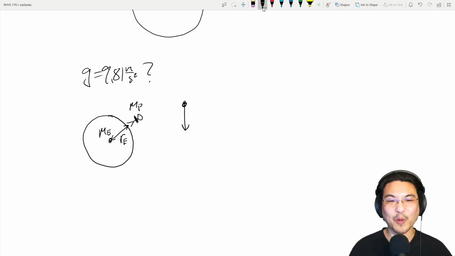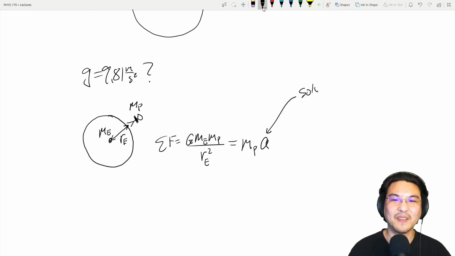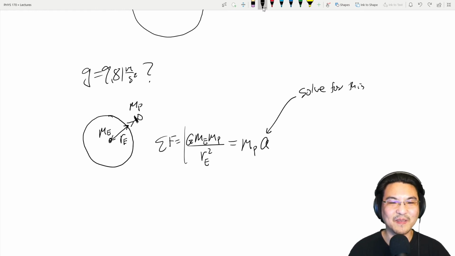Here's you, and here's the one force, gravity, which is G, mass of the Earth, mass of the person, over r squared, where r is the radius of the Earth, equals mass of the person times acceleration. Solve for this. The radius of the Earth plus 1 millimeter, so let's neglect that. Solve for this acceleration.